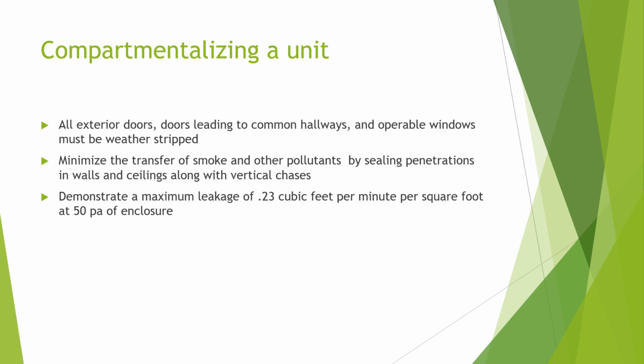In order to minimize uncontrolled pathways for the transfer of smoke and other air pollutants between residential units, penetrations in the walls and ceilings must be sealed, along with all vertical chases, including garbage chutes, mail drops, and elevator shafts adjacent to units. You must also be able to demonstrate a maximum leakage of 0.23 cubic feet per minute per square foot at 50 pascals of enclosure.